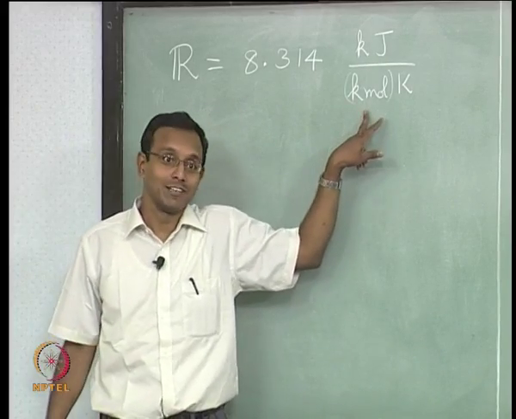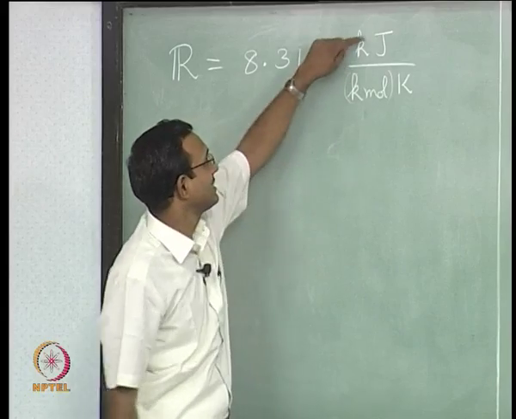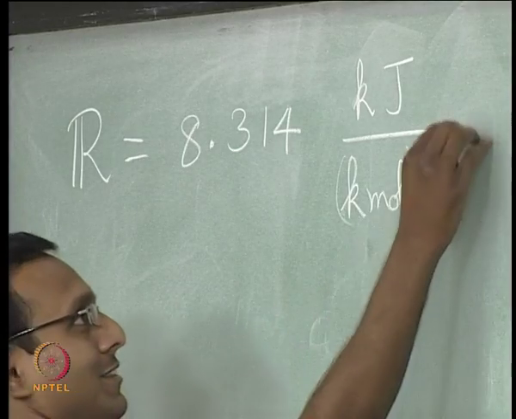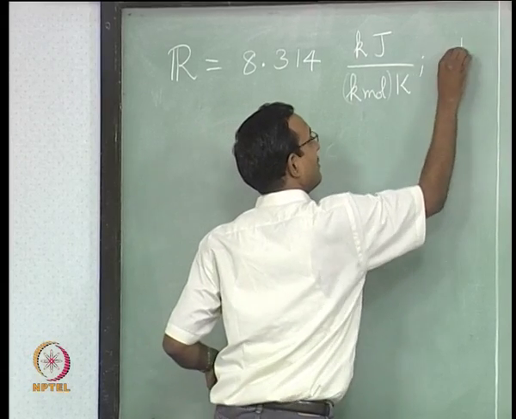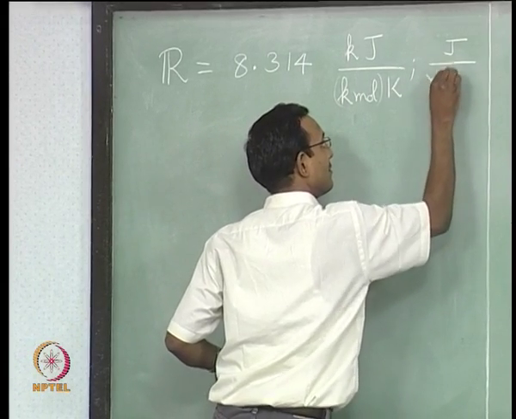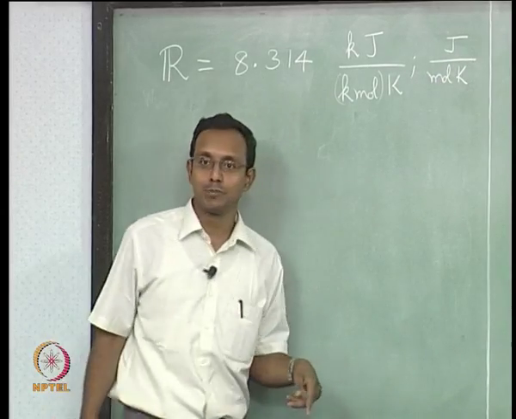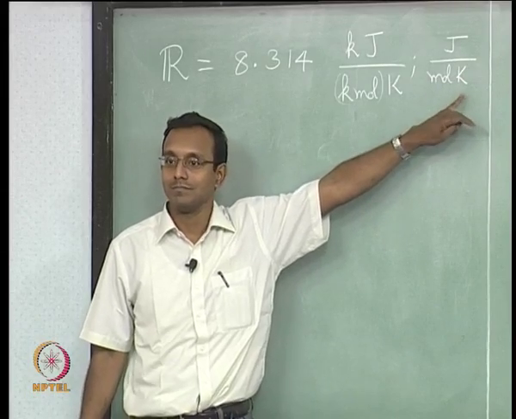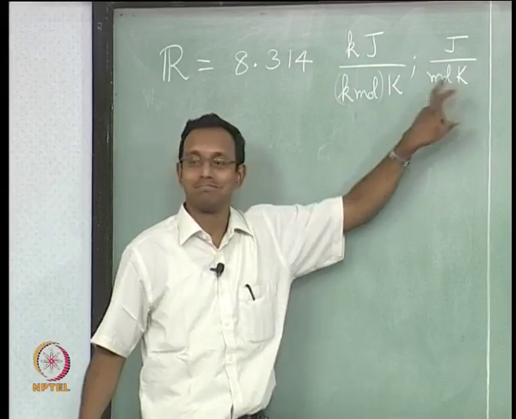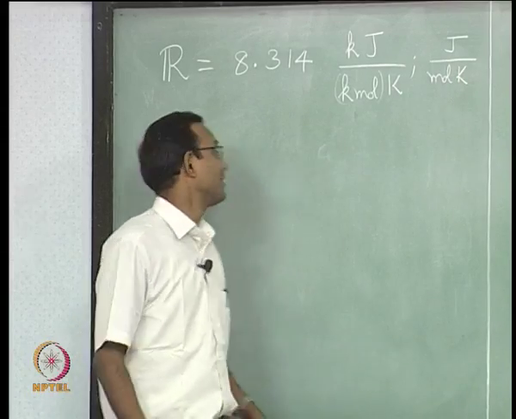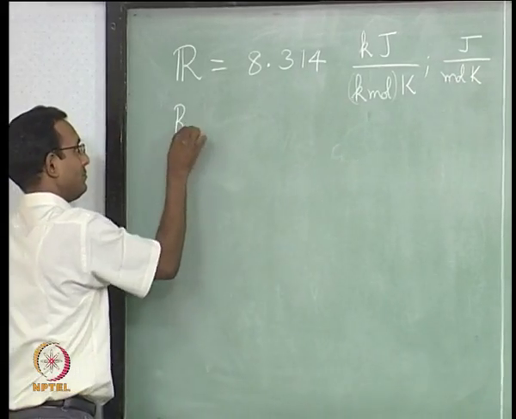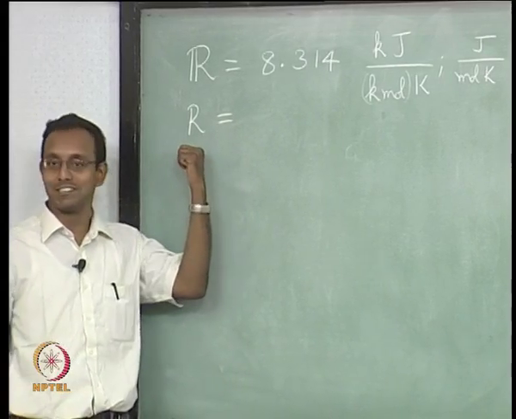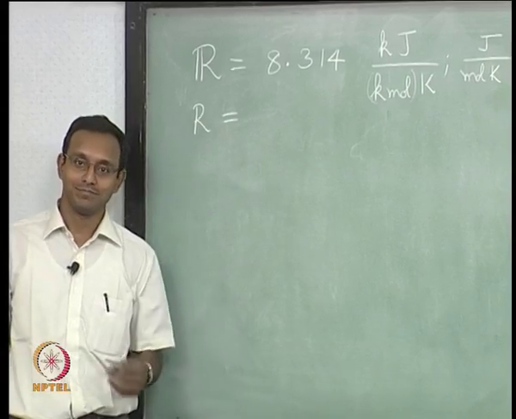This is a possible unit which is correct, or I will just remove this 1000 and 1000. I can equivalently write the unit as joules per mole Kelvin. That is also a possible unit. I remember it like this, simple enough. Now the specific gas constant, but of course now I have to know what gas it is. Let us pick air.